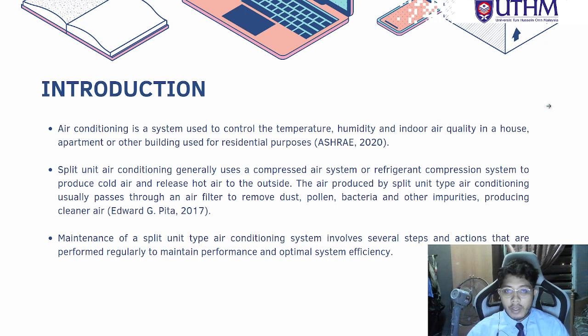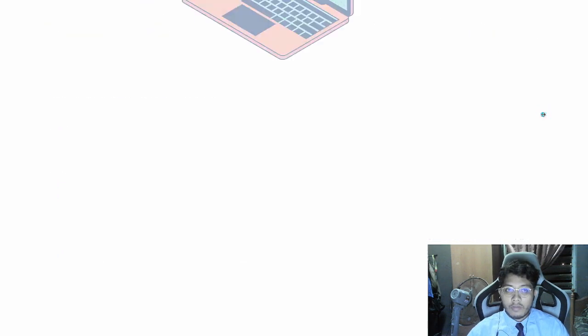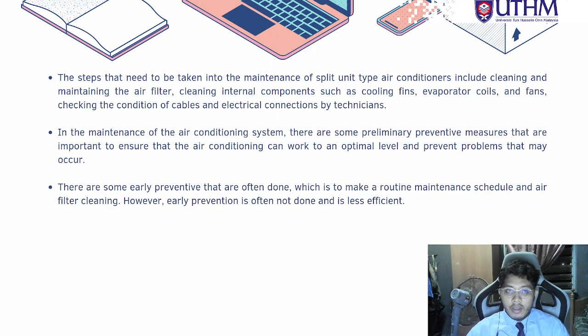Maintenance of a split unit type air conditioning system involves several steps and actions that are performed regularly to maintain performance and optimal system efficiency. The steps that need to be taken in the maintenance of split unit type air conditioners include cleaning and maintaining the air filter, cleaning internal components such as cooling fins, evaporator coils, and fans, and checking the condition of cable and electrical connection by technicians.